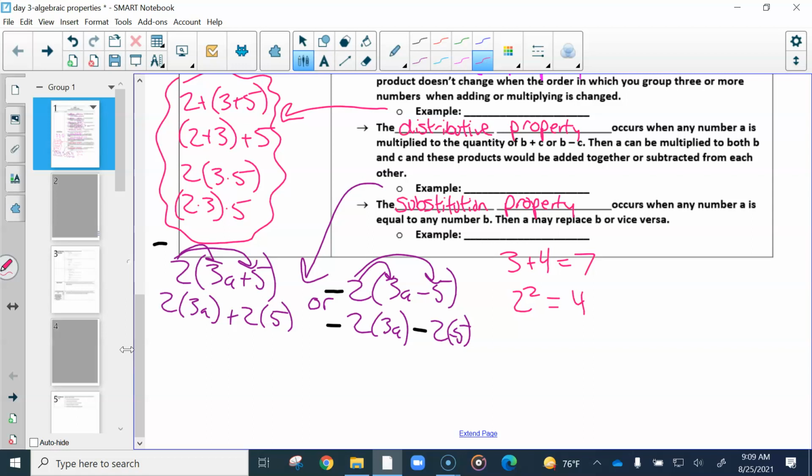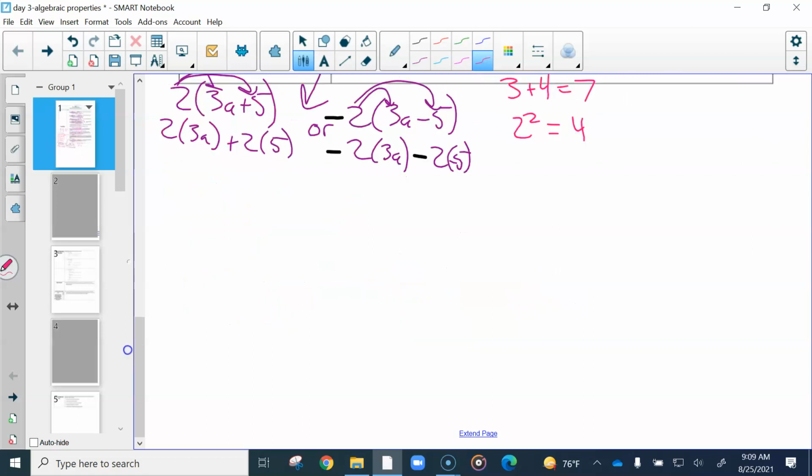There are 2 others that are not talked about as common, but one is the reflexive. You can just write this in the bottom space. I'm not going to give a formal definition right here. There is on Canvas a vocab word wall that has these words as well.